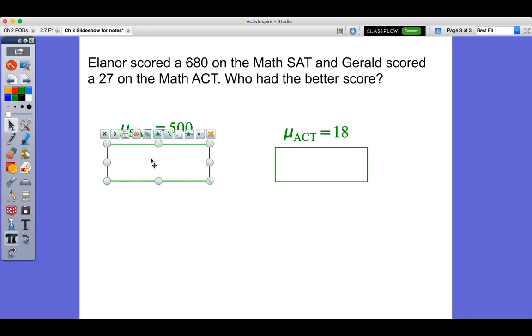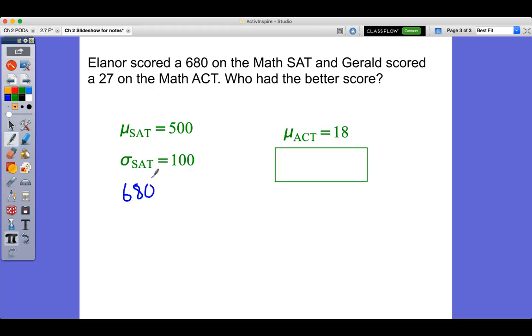We need to calculate how many standard deviations you are above the mean. So here I would do x minus mu, 680 minus 500, divided by sigma. Okay, and notice these are grouped together by that long division bar, so we end up with 180 over 100, and we get 1.8. That's my z-score.